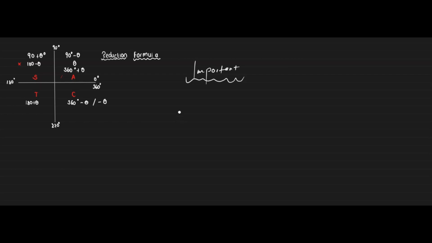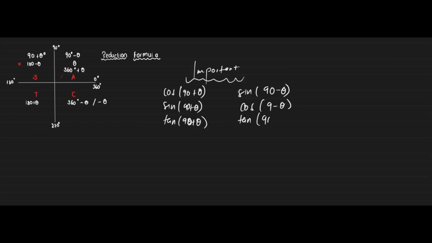The one that becomes tricky is when we have cos 90 degrees plus theta, or sine 90 plus theta, or sine 90 degrees minus theta, then cos 90 minus theta. Let me add tan: tan 90 plus theta, and tan 90 minus theta. So this one is where things change, which is our co-ratios, right?